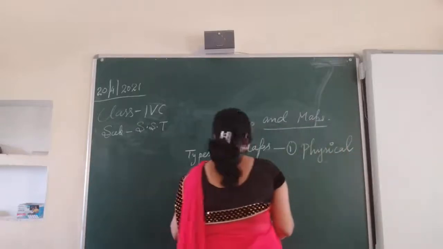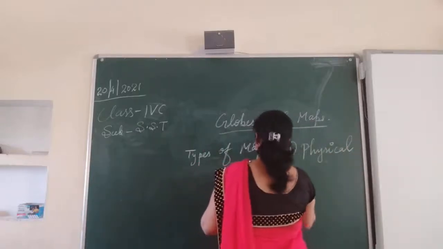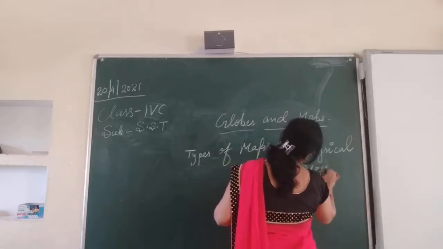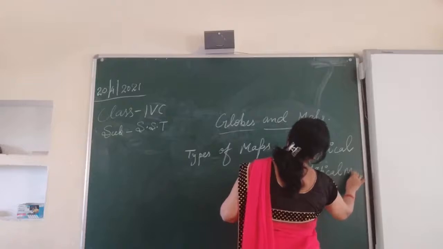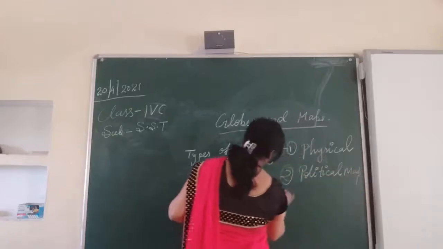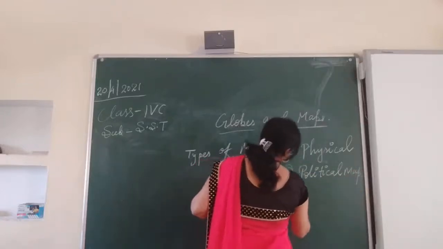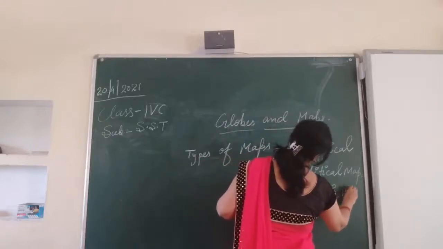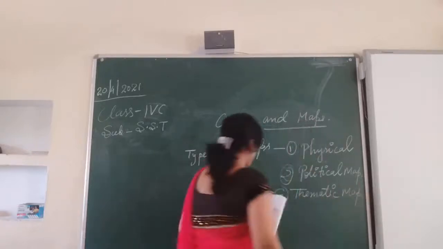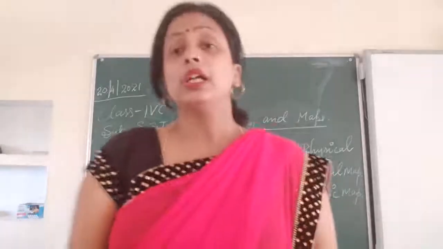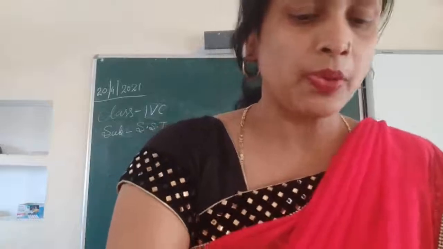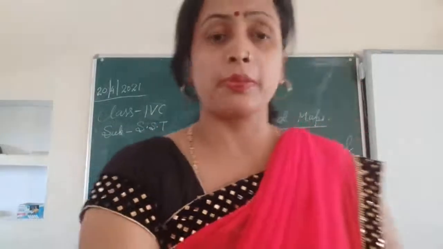Another one is the political map. And the third one is the thematic map. These three types of map we are going to learn: political, physical and thematic map.